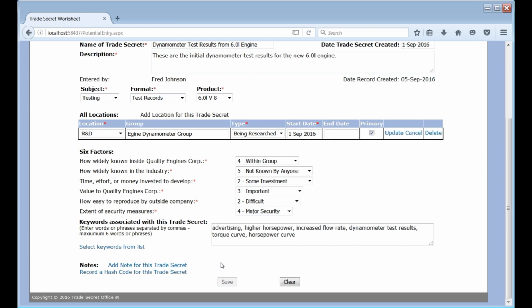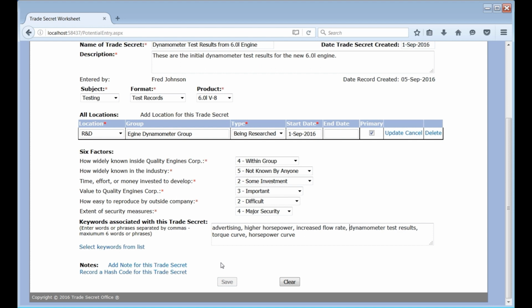What I can do is take that dynamometer test result and take a picture of it, or if it's already in the computer, I can take the file that it's in and generate a hash code from that, a one-way mathematical hash code. I can record the hash code here. What that allows me to do is to prove later that this entry that I'm making applies to that document. This entry applies to that document, period, and no other.